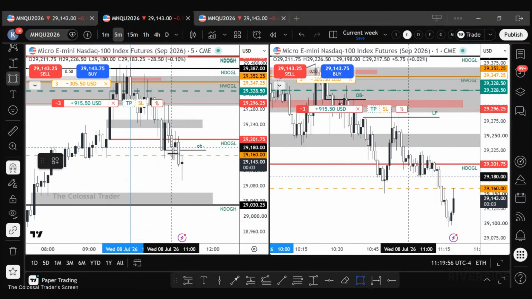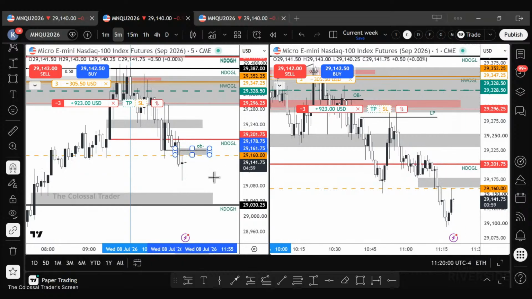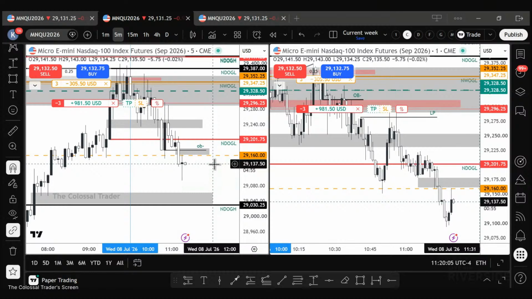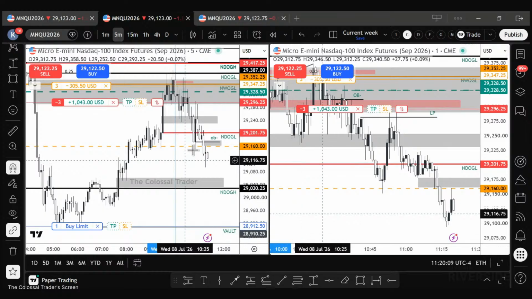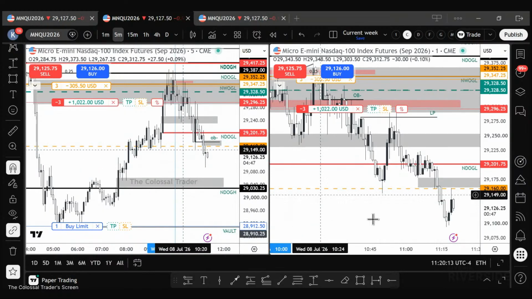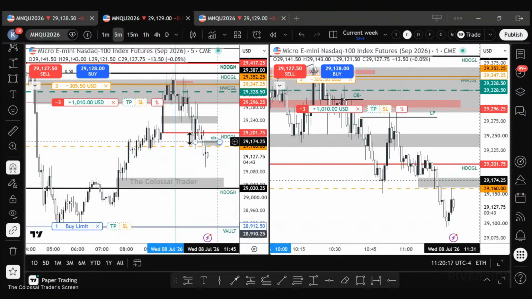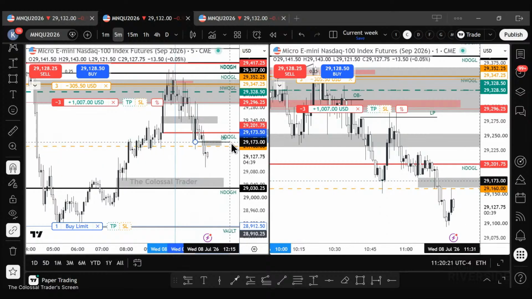So now we have this right here as well. Price does not necessarily have to go in here, but it could. Let's see, straight.